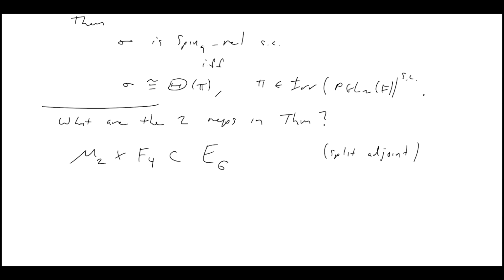But in fact, we want to take the disconnected group where the component group is given by the outer automorphisms of E6. So in other words, the diagram automorphism. And in fact, this mu2 should just be coming from this diagram automorphism.